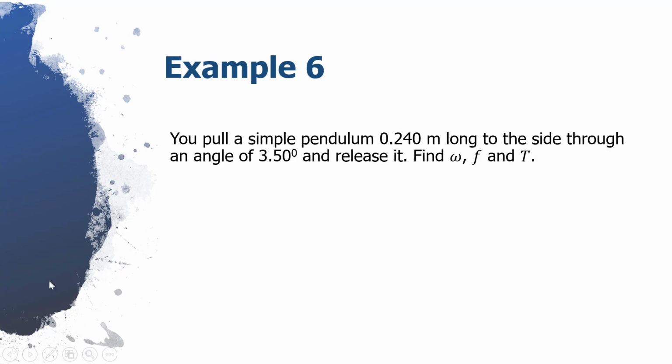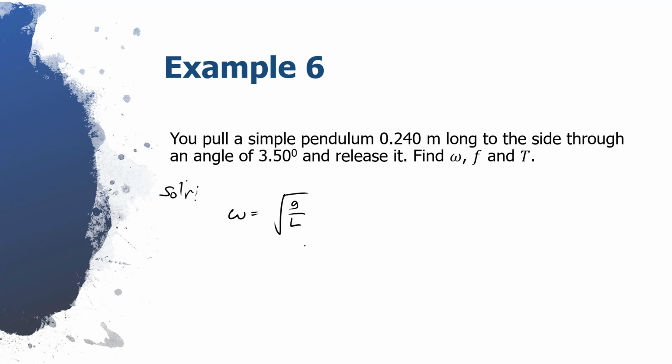For the last example, you pull a simple pendulum 0.240 meters long to the side through an angle of 3.50 degrees and release it. Find omega, frequency, and period T. Okay, so omega is equal to this expression for a simple pendulum.